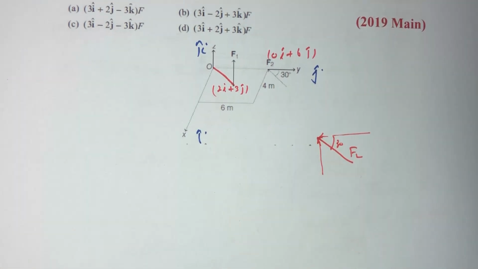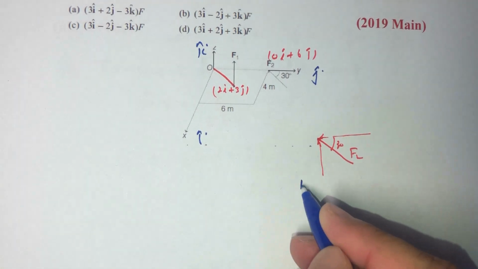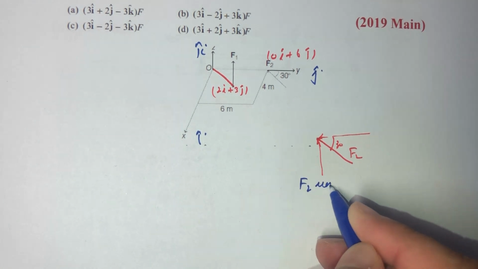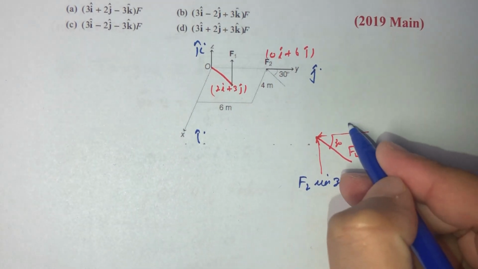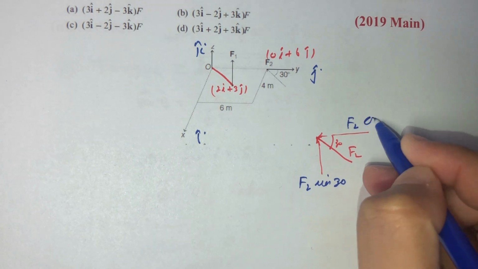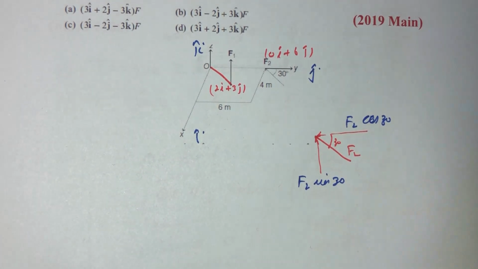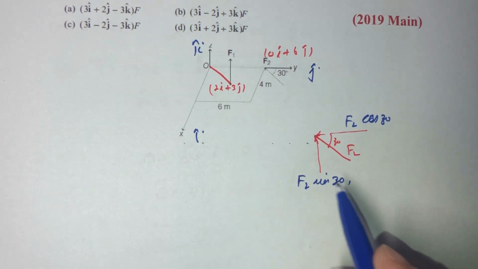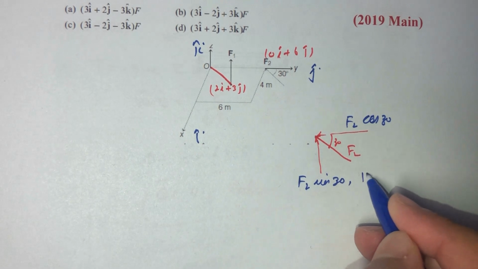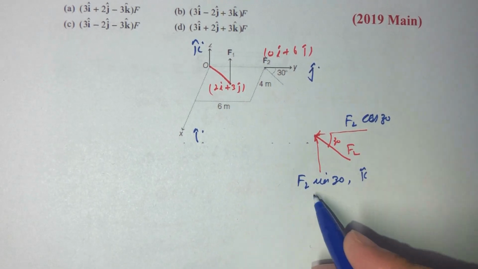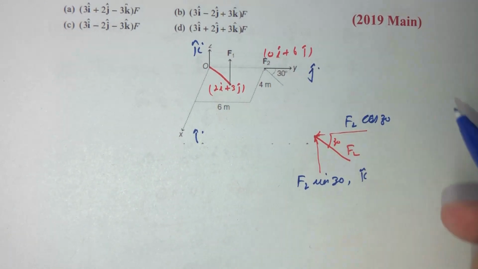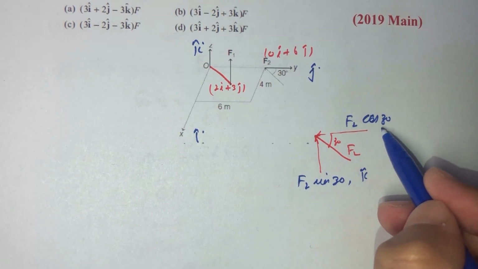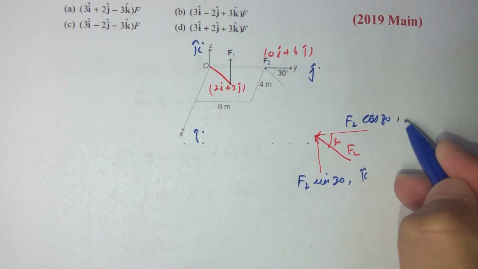So we can say this will be equal to F2 sine of 30, and this will be F2 cos of 30. And in terms of unit vector, F2 sine theta is going to have unit vector k, and F2 cos theta is going to have a unit vector of minus j.